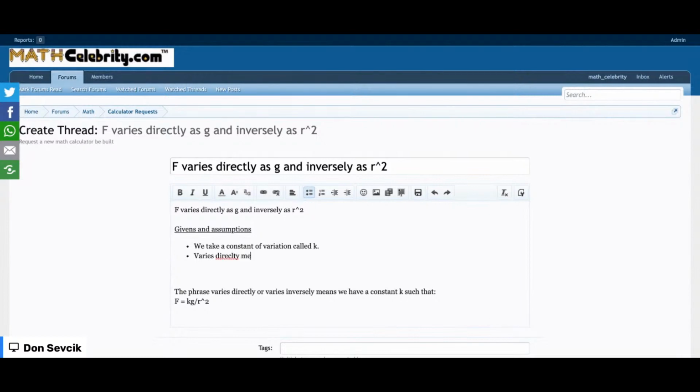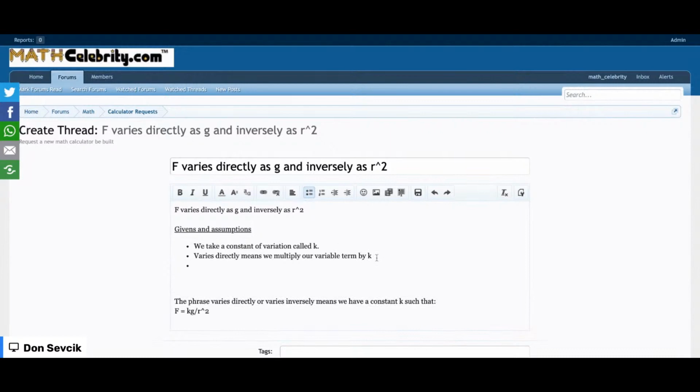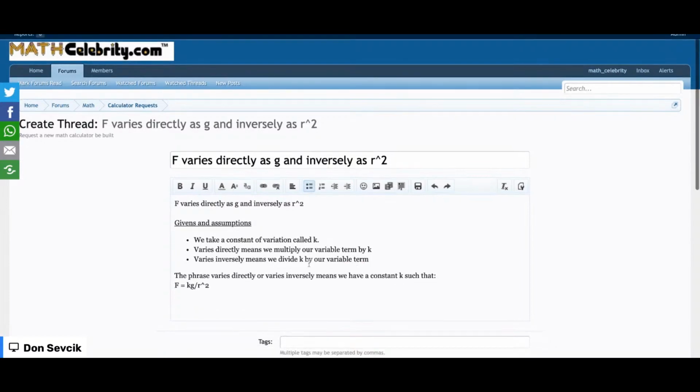Varies directly means we multiply the variable term by K. And then we're going to copy this because I get the question a lot. What is the difference? We divide K by our variable term. Okay, now you have the necessary background to crush this problem.